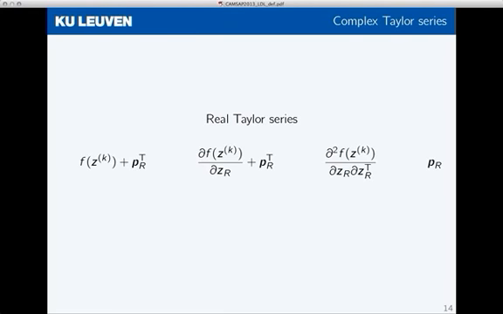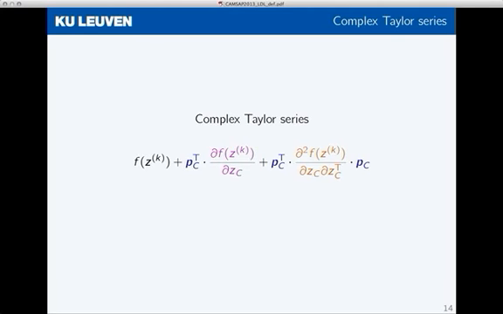Typically, these optimization methods make, for instance, a second-order model of your cost function. Here you see a Taylor series with the real unknown, real and imaginary part. Now you plug in this J matrix in this way, and then you can combine, and you get this. You can also define a complex Taylor series with these Wirtinger derivatives, and then it's convenient.